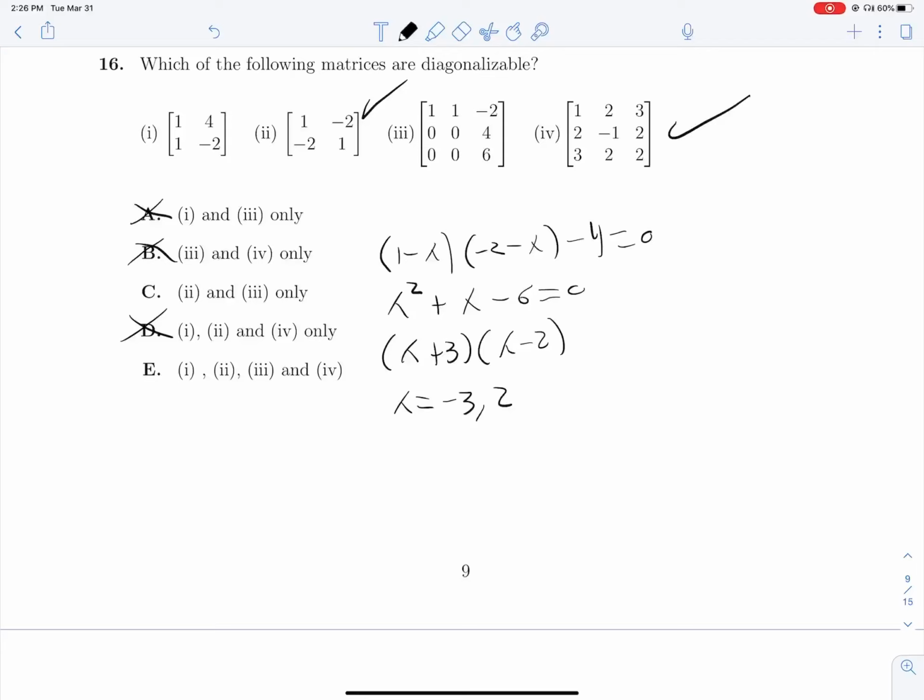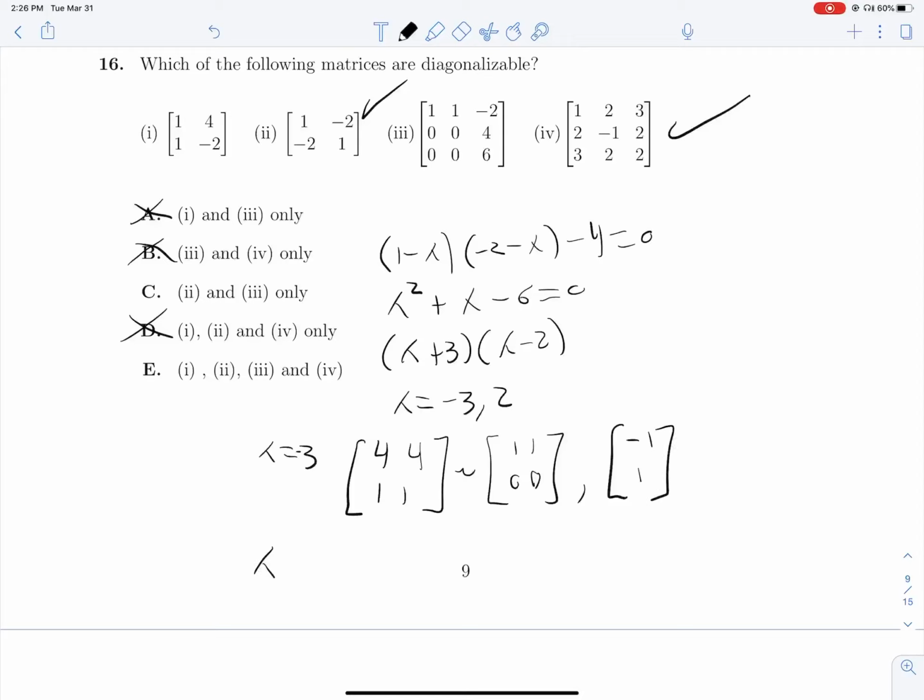When lambda equals -3, the corresponding matrix that we get by plugging it in will be 4, 4, 1, 1, which is equivalent to 1, 1, 0, 0. And so the corresponding eigenvector for this will be -1, 1.